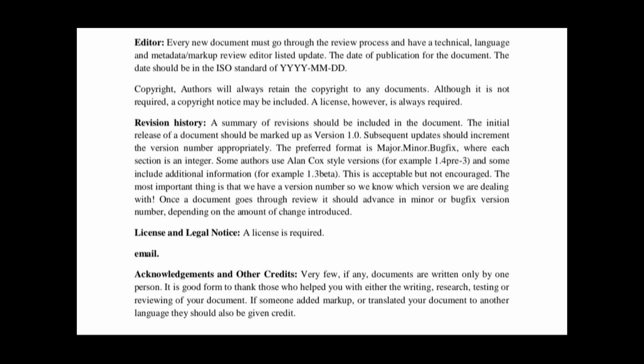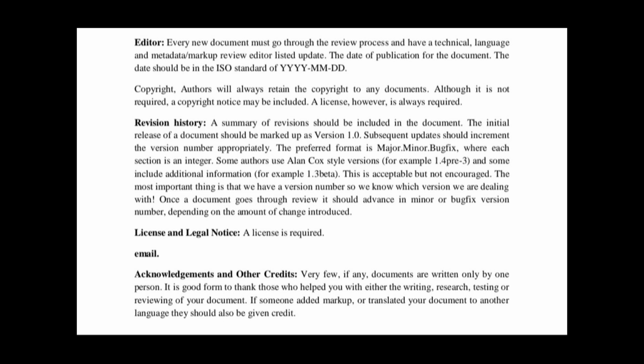Some authors use a complex style version, for example 1.4 patch 3, and some include additional information, for example 1.3 update. This is acceptable but not encouraged. The most important thing is that we have a version number so we know which version we are dealing with.